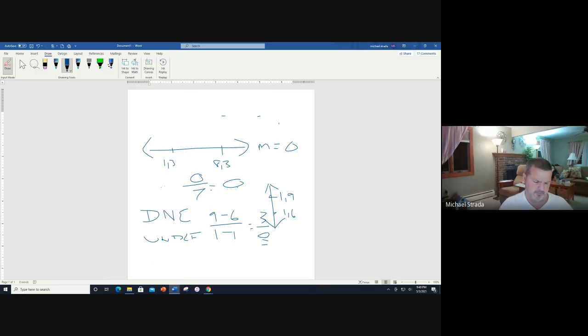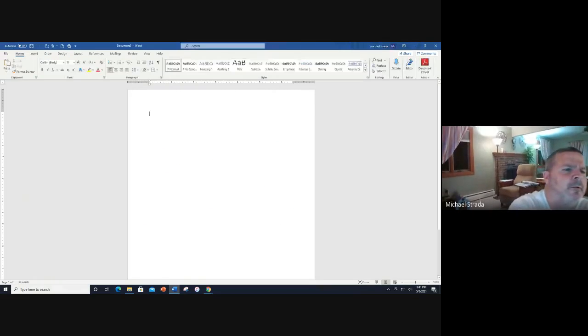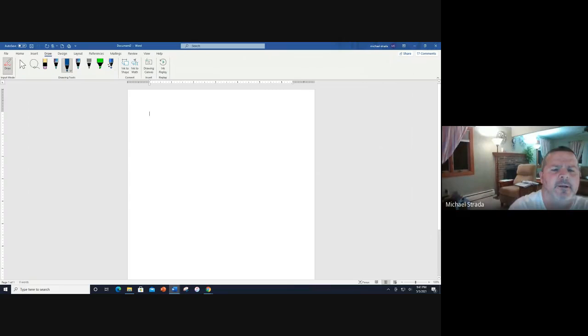Graphing inequalities. When it's solved for y, when it's greater than, you shade above. All right, we'll go through that. So when I'm doing inequalities, greater than and greater than or equal to is above. All right, less than and less than or equal to is below.